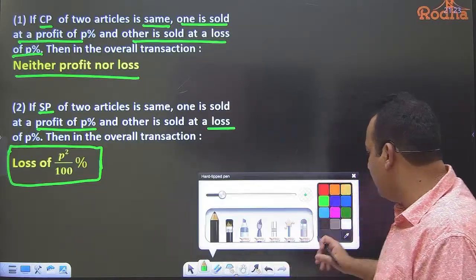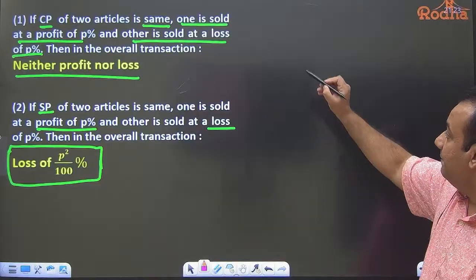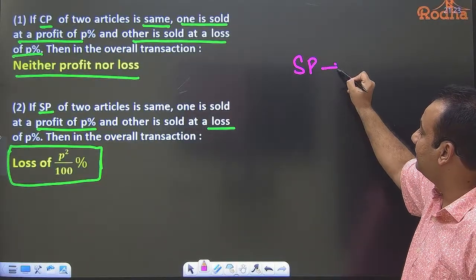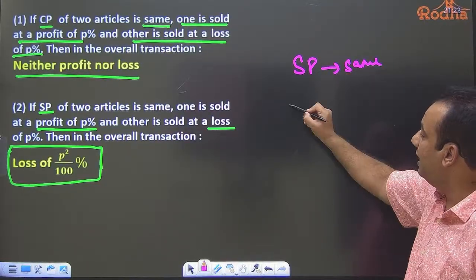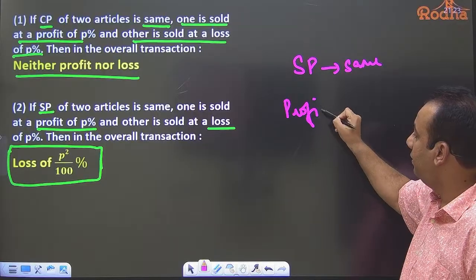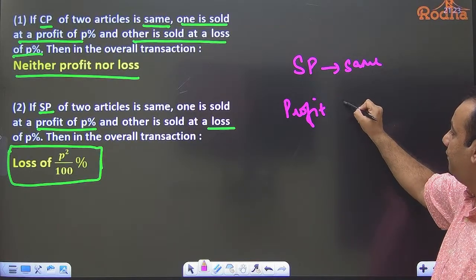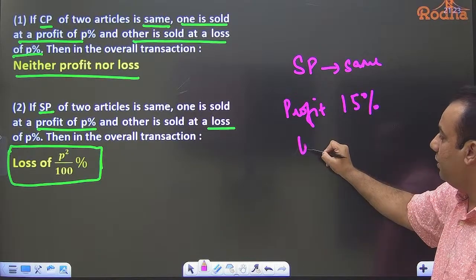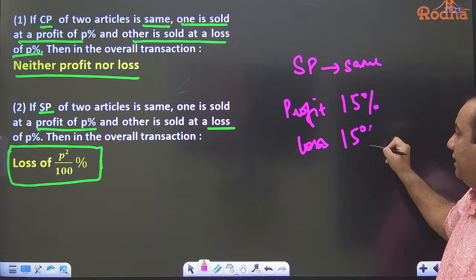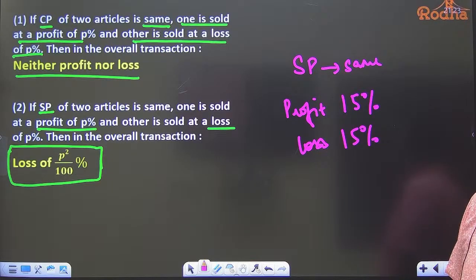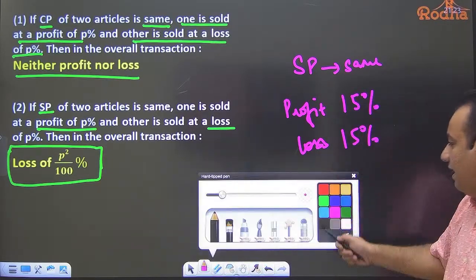So I'm asking you one question, please tell me the answer. If selling price of two articles is the same, one is sold at a profit of 15%, other is sold at a loss of 15%, then in the overall transaction, tell me what will happen.